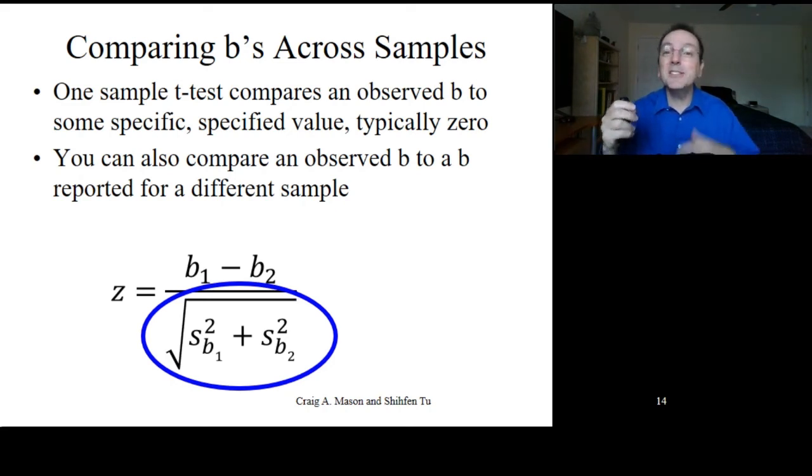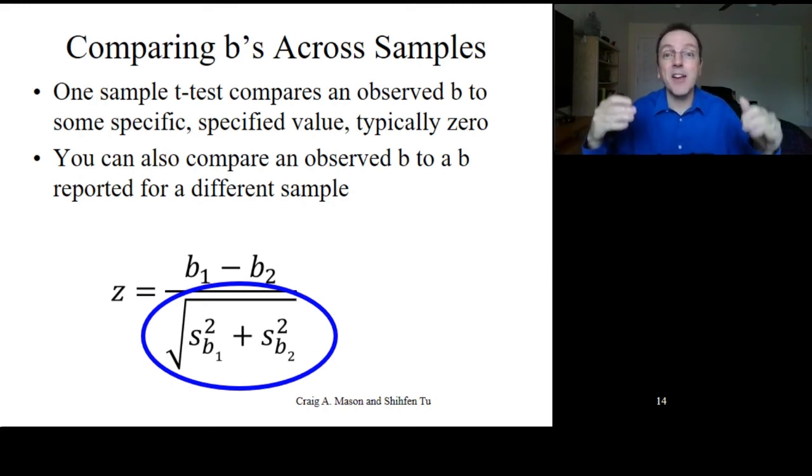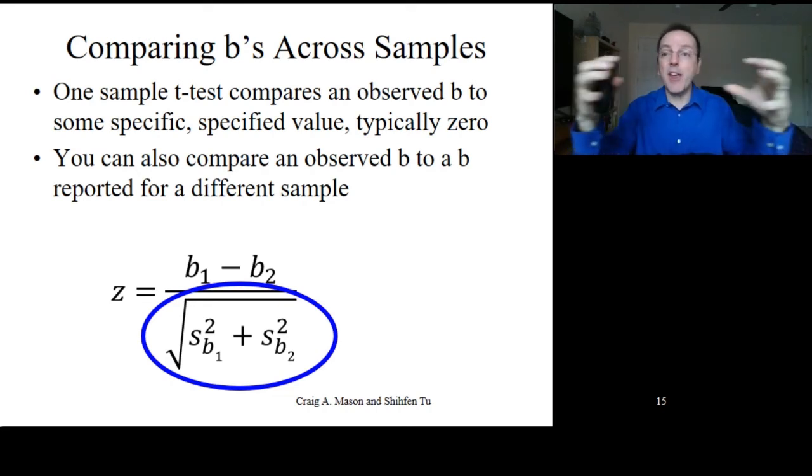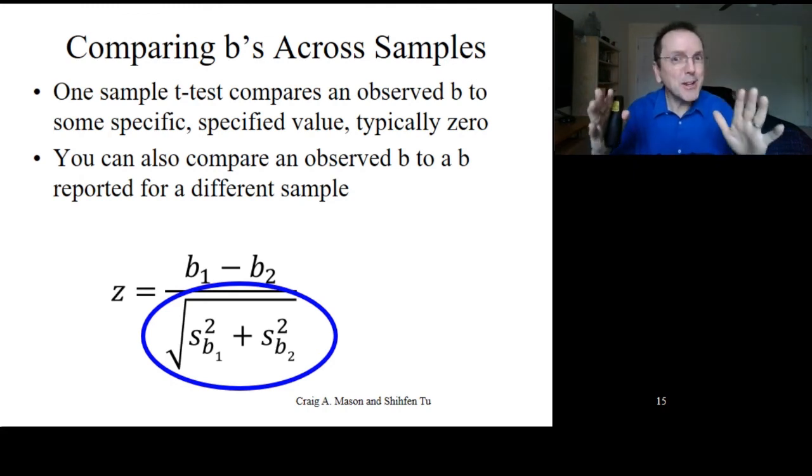We're just using standard errors for regression coefficients instead of standard errors for means. Pretty cool, isn't it? And notice that we're squaring the standard errors, but then taking the square root of them to put it back on that same general scale that we use when we are using standard errors as our yardstick, right? So, again, that's pretty cool.